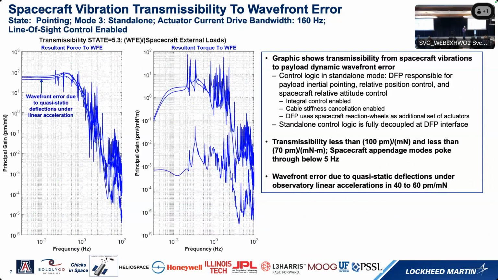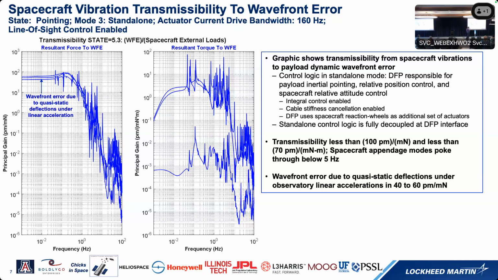This shows the response, in terms of the wavefront error, to the spacecraft motions. If you have vibration on the spacecraft, there are still residual vibrations through the cable and other effects that come into play. That gives us a sense of how much the wavefront error is affected by spacecraft motion, both for the translation and the rotation.